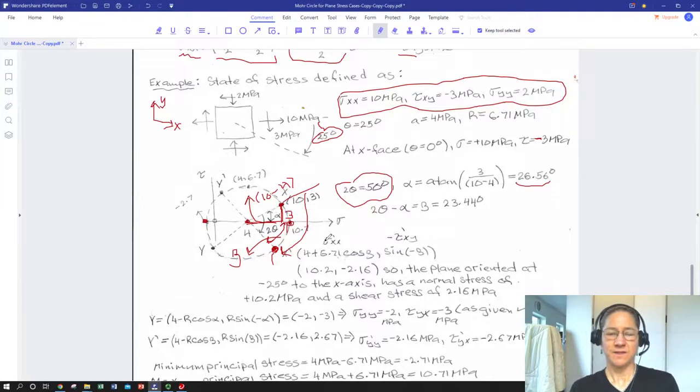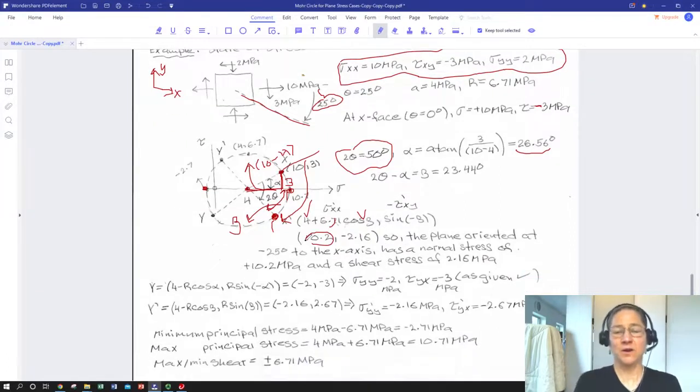So sigma xx prime, this is our plane at negative 25 degrees, circle center plus r times cosine beta, we've added them together, and then our negative tau xy is going to be sine of negative beta, so we're going to go down, and so we end up getting a 10.2 normal stress and a negative 2.16 shear stress.